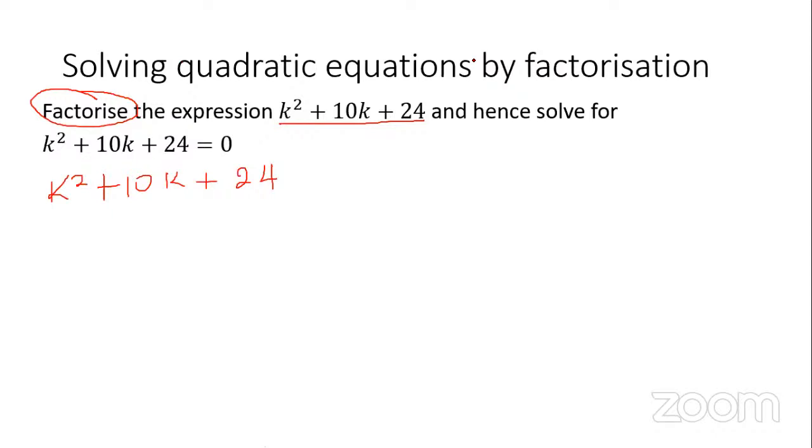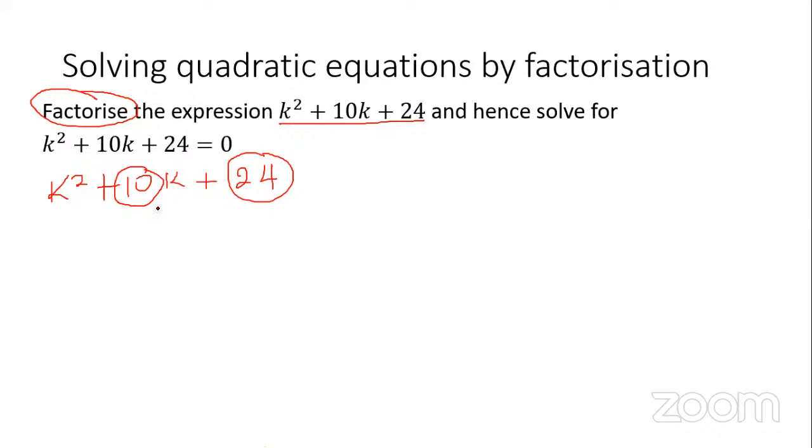As we wait for Wycliffe to send his answers in the chat, we can be sharing. What do you think we are going to do to factorize k squared plus 10k plus 24? We have this 24 and we have the 10.